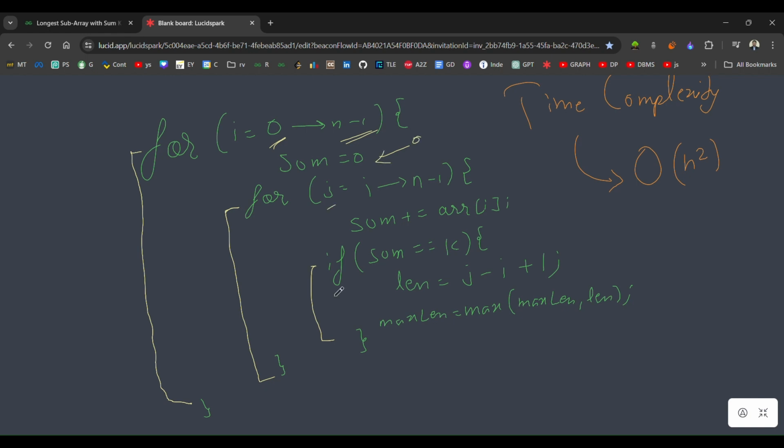And then as the j pointer moves forward, I am storing a sum of those elements. And after adding up, there itself I am checking for this condition. If it is satisfied, that means if the sum is equal to k, then length will be equal to j minus i plus 1, which will give the length of the subarray. Then here I am storing the maximum length, right?